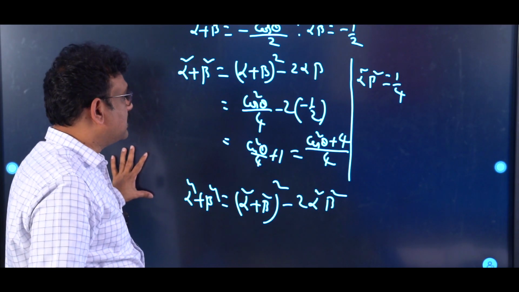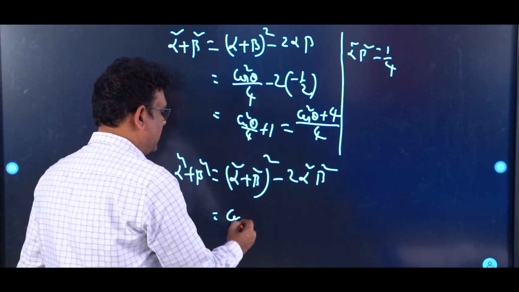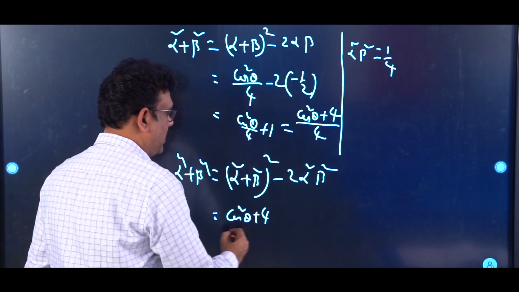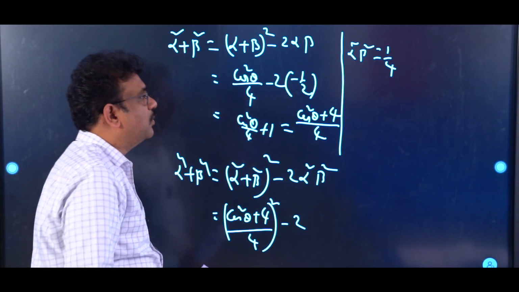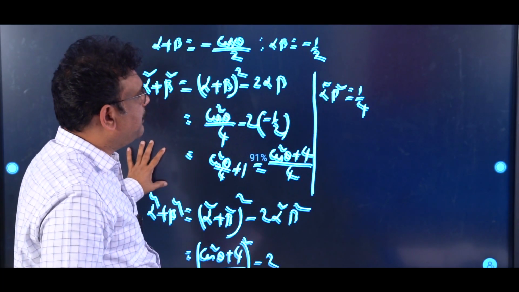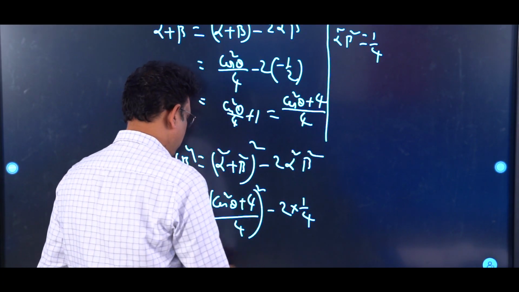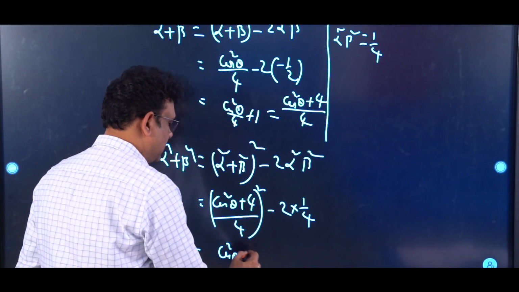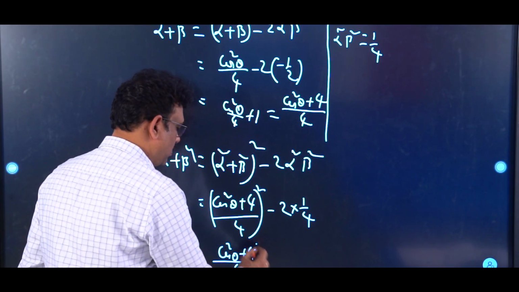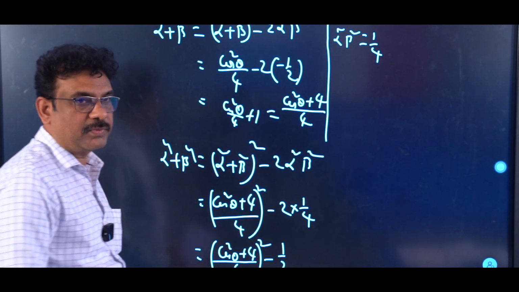So alpha square plus beta square is equal to cos square theta plus 4 by 4 whole square minus 2 into alpha square beta square, which is 1 by 4. That is equal to cos square theta plus 4 by 4 whole square minus 1 by 2.